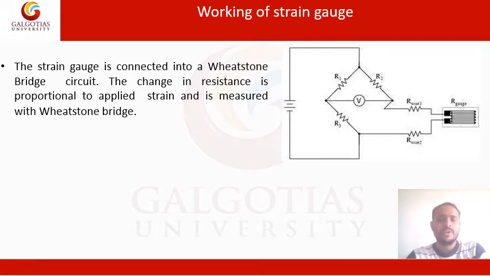The metallic foil, shown as R gauge, is glued to a thin backing called a carrier, and the entire setup is fixed to an object using a suitable adhesive. As the object is deformed due to force, pressure, or weight, the electrical resistance of the foil changes, which can be measured with the Wheatstone bridge, and the change in resistance is related to the strain applied to the strain gauge. So this is the working principle of a strain gauge.